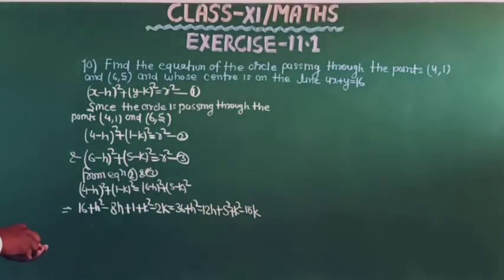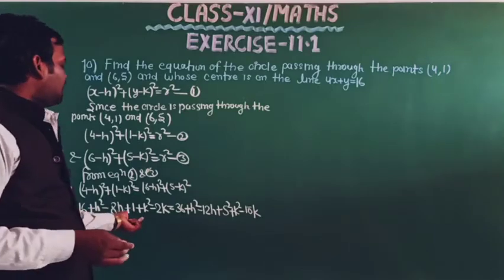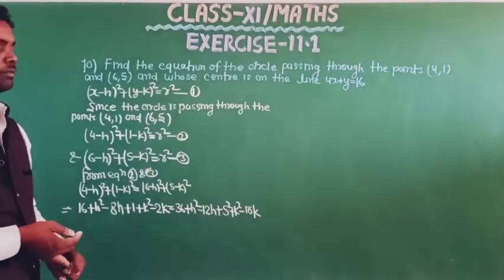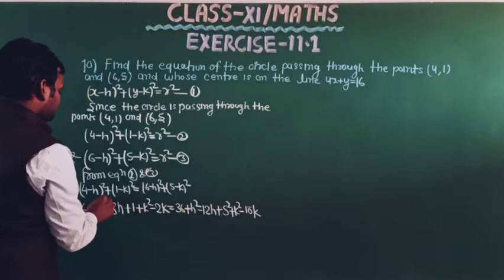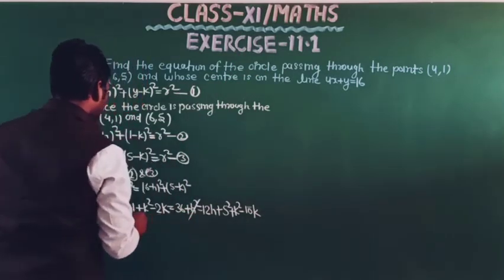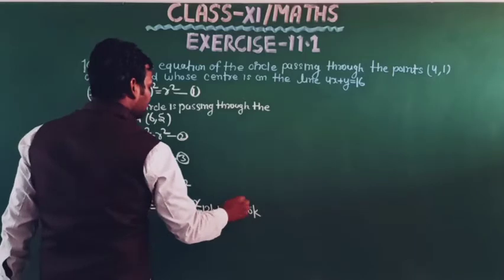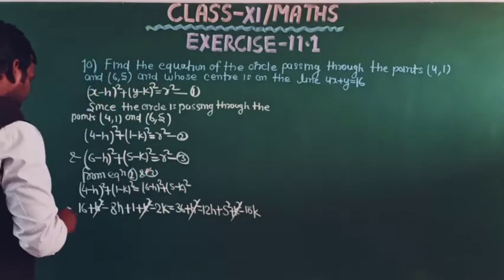Now we have to cancel out common terms on both sides. So here h² cancels out, k² cancels out.